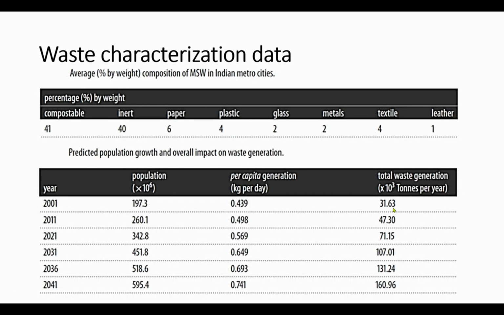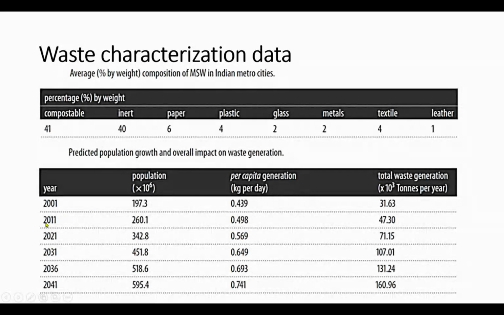If we skip 2007, we are focusing on 2021. In 2021, our population is 342.8 into 10 raised to 6. In that condition, our per capita generation of waste will be 0.569 kg per day.